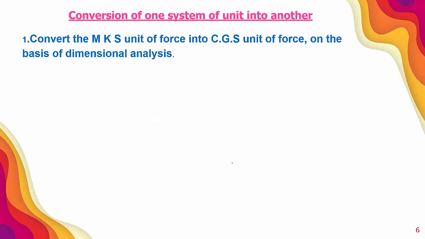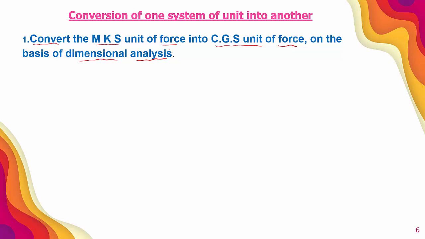So now I will solve the first example. Example: convert the MKS unit of force into CGS unit of force. MKS to CGS we have to convert, and the given physical quantity is what? Force, on the basis of dimensional analysis.